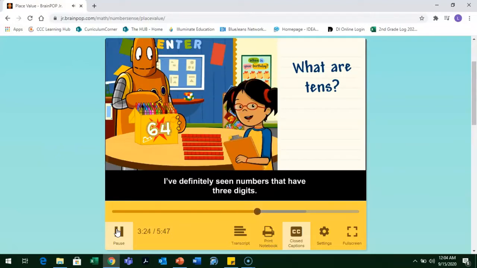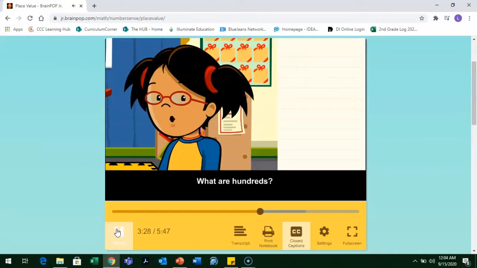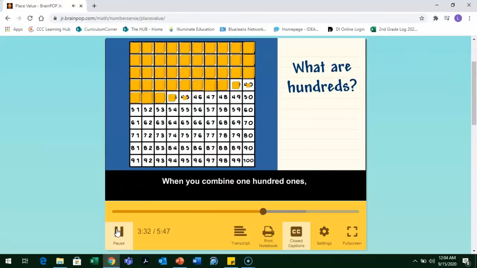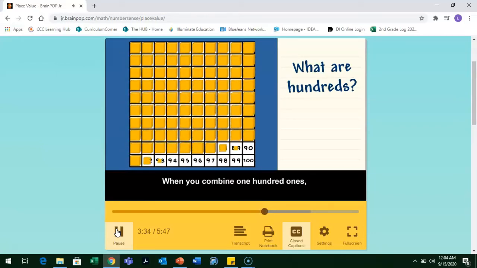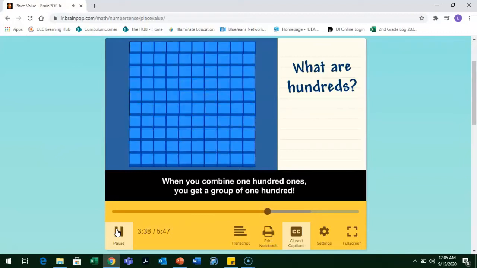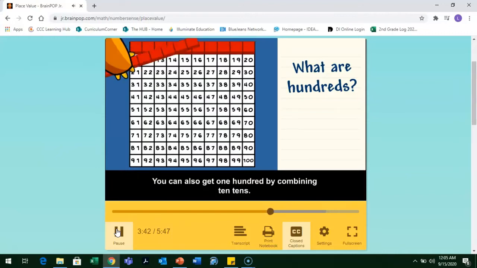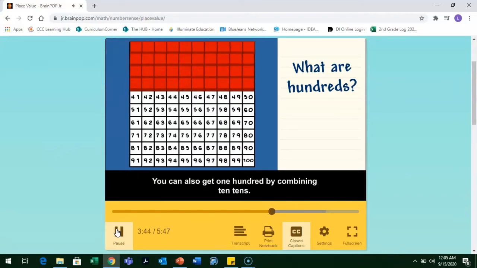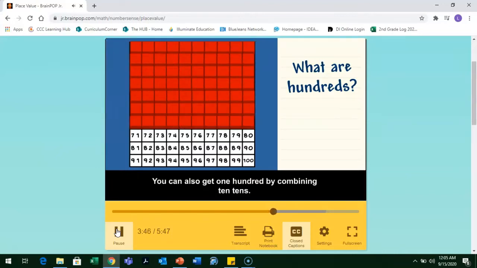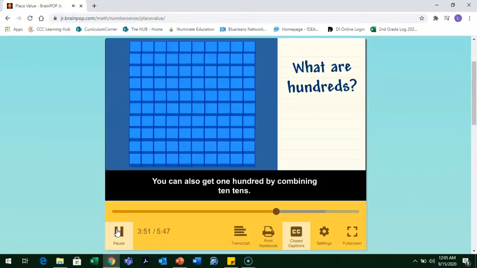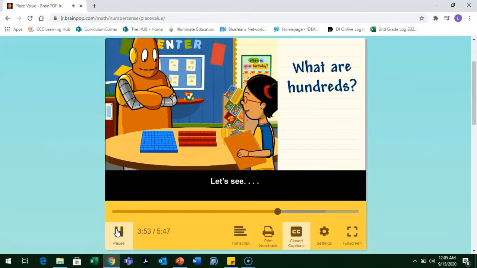I've definitely seen numbers that have 3 digits. What are hundreds? When you combine 100 ones, you get a group of 100. Right, Yogi? You can also get 100 by combining 10 tens. Let's see.